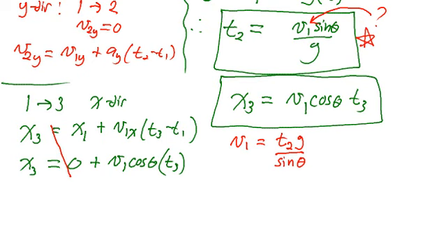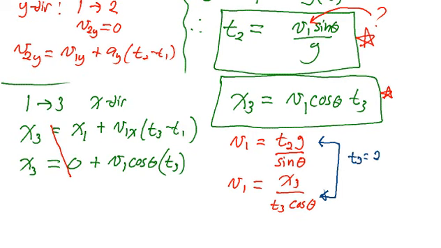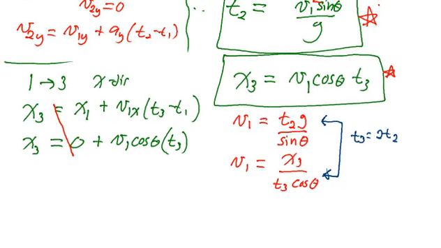If I take the second equation and solve it also for the velocity v1, I have v1 equal to x3 divided by t3 times the cosine of theta. Now what I need to do is combine those two together. Since the left-hand sides are the same, the right-hand sides are equal, remembering that t3 is equal to 2 times t2, and now I only have one unknown, and I can actually solve for it.